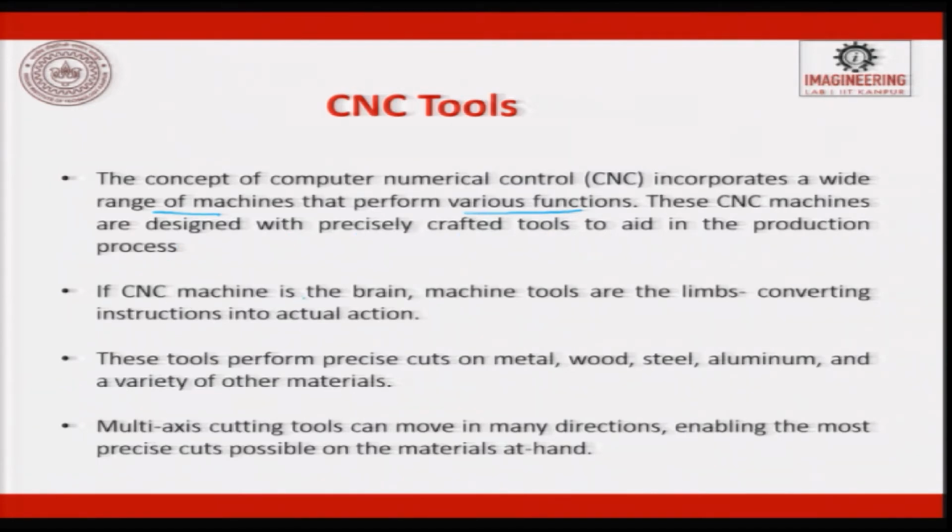If the CNC machine is the brain, machine tools are the limbs converting instructions into an actual action. These tools perform precise cutting of metal, wood, steel, aluminium and a variety of other materials. Multi-axis cutting tools can move in many directions, enabling the most precise cuts possible on the material at hand.